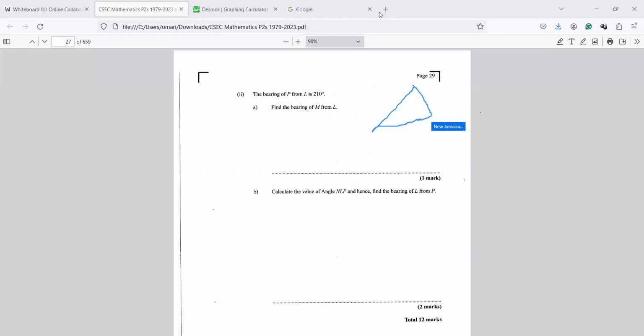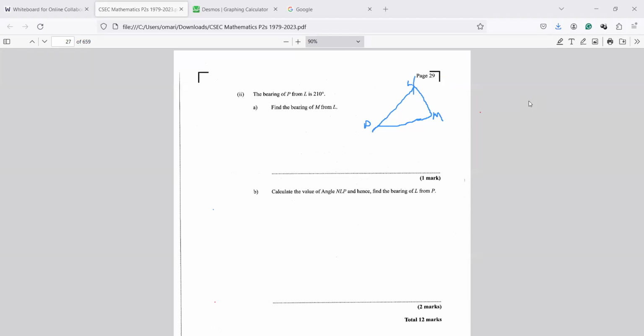All right, and this was our L, this was our M, and our P. So they said bearing of P from L, so we draw from L, keyword guys, from L, so we're starting at L. Any letter that comes after from, that's usually your starting point.